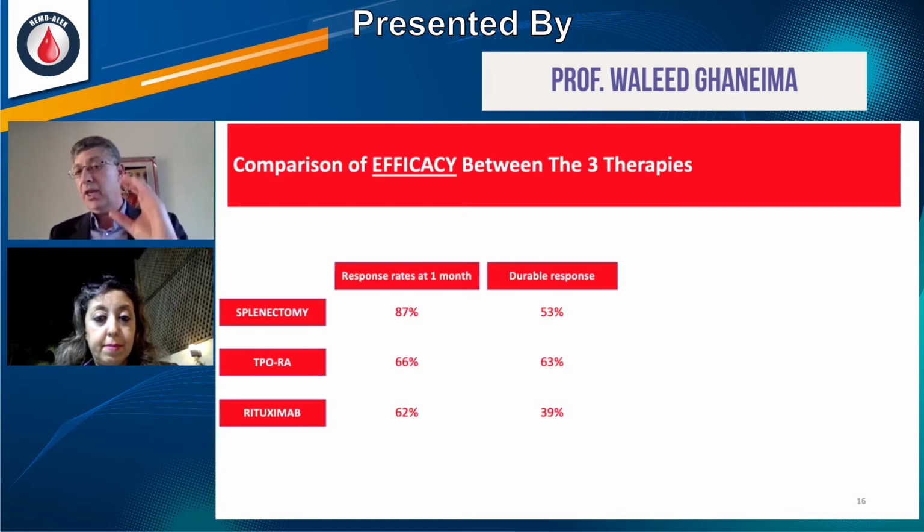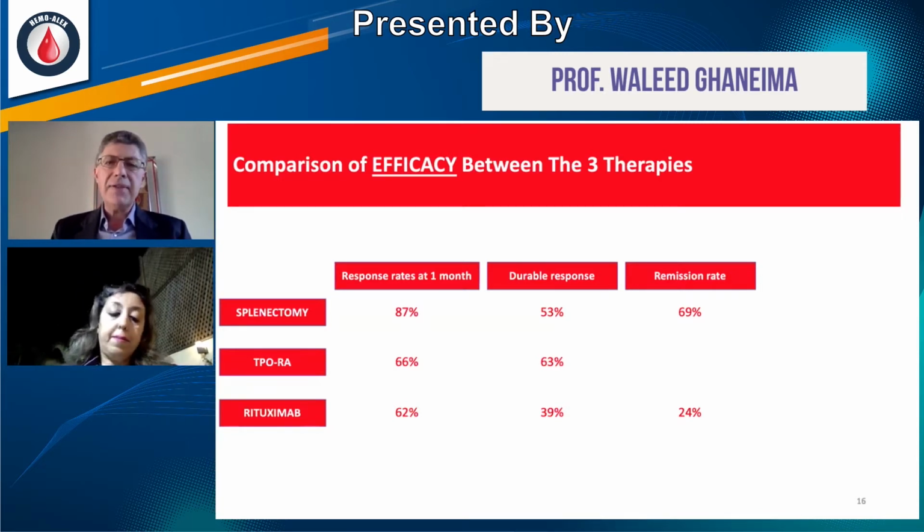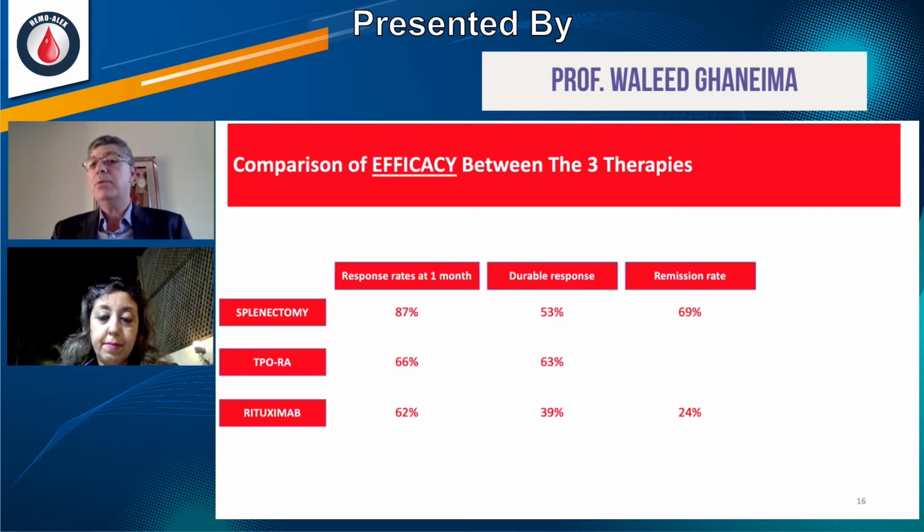I know this may vary from study to study, but this is how the data were presented in the guidelines. And how about long-term remission rate? 70% splenectomy, which all of us agree on, the remission rate for splenectomy is around 70% in the long term, and rituximab 25%.